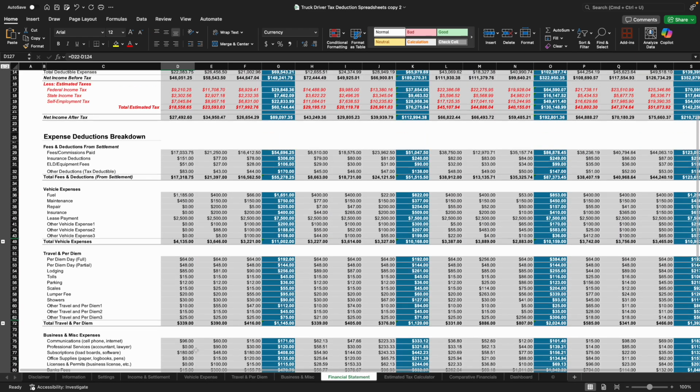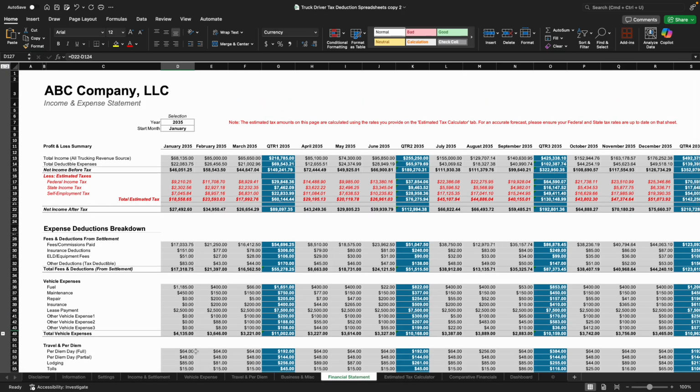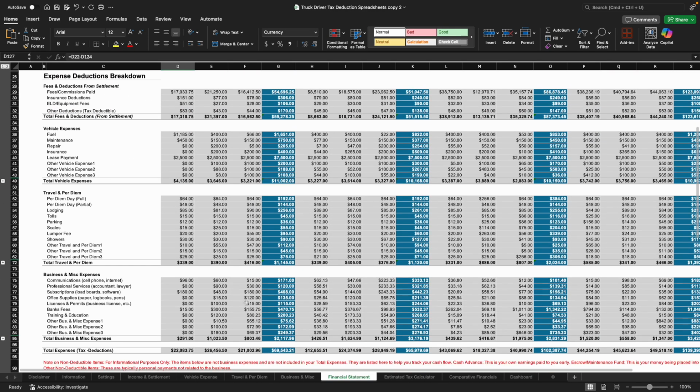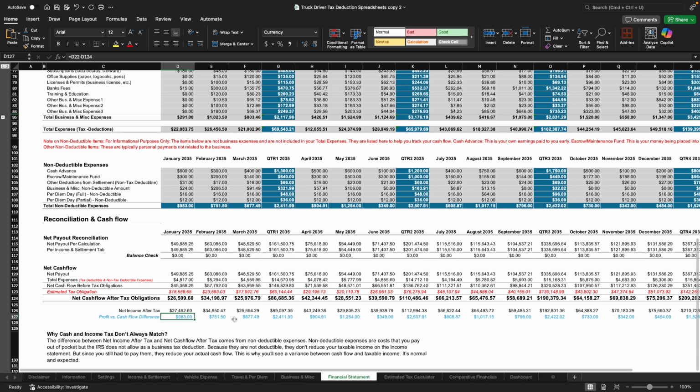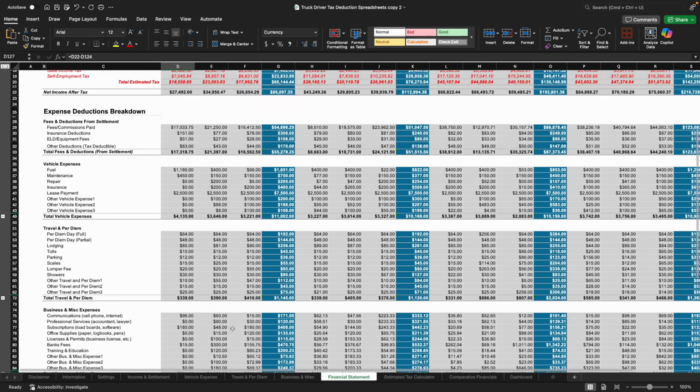So that's what's very helpful about this financial statement, is not only is it giving you your taxes owed and then your deduction, but it also can help you analyze your business as well to see, is your income increasing, is your tax liability reducing, and then do you have enough cash flow, right? That's the main thing. So I hope that is helpful.